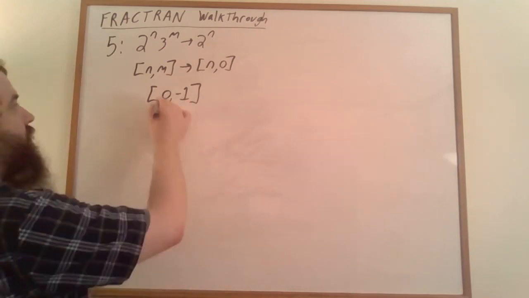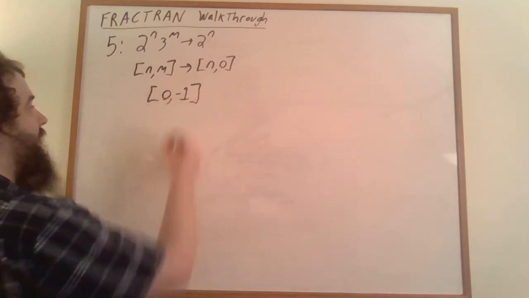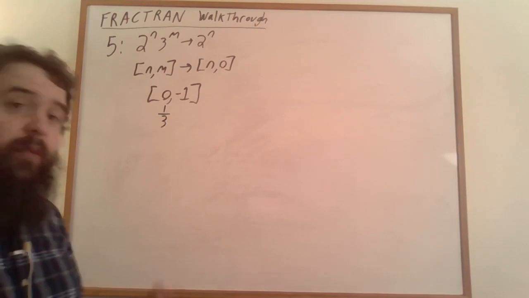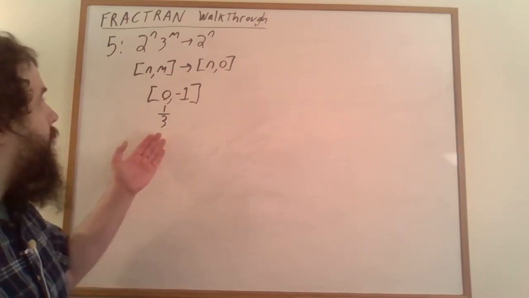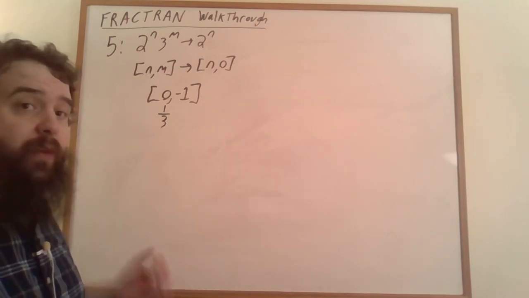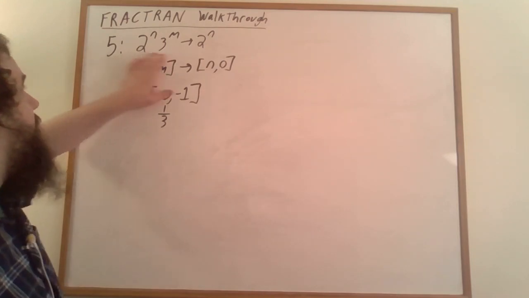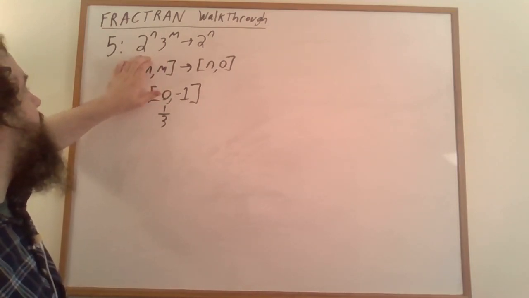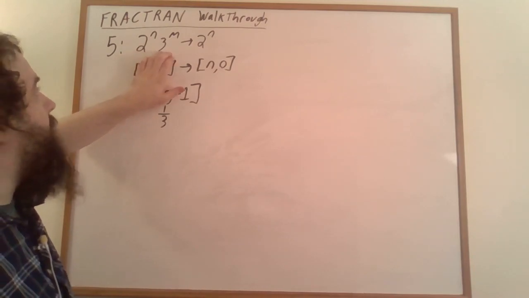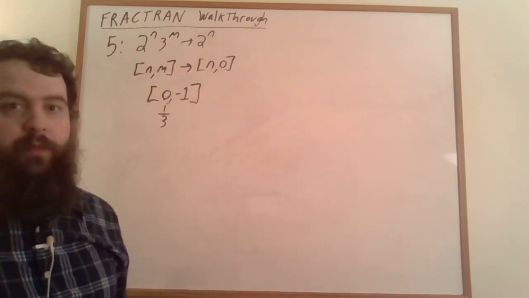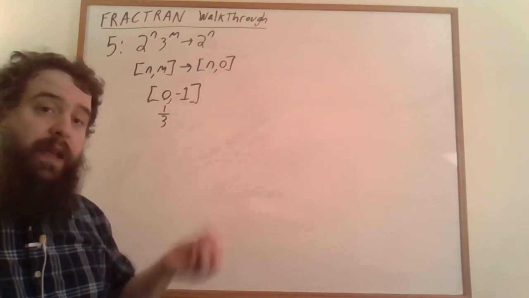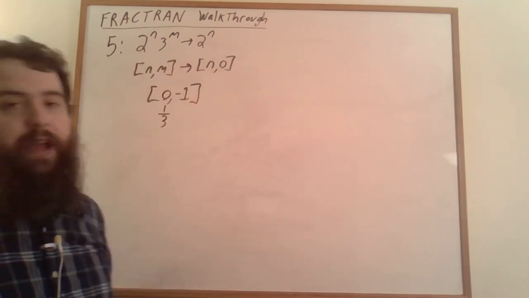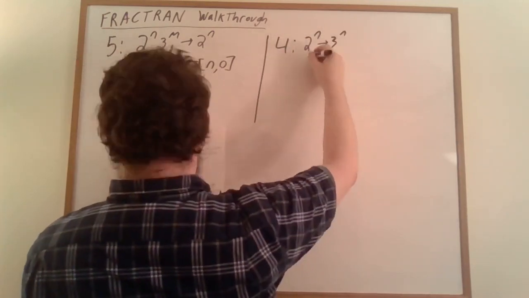So in this case, it's 2 to the 0th times 3 to the -1st, or 1/3. So our program in FRACTRAN should be 1/3. And we can check, sure enough, if we repeatedly multiply by 1/3 until we can't anymore, to numbers of the form 2 to the n, 3 to the m, we wind up getting numbers of the form 2 to the n. It gets rid, step by step, of all of the 3's that show up in the prime factorization.